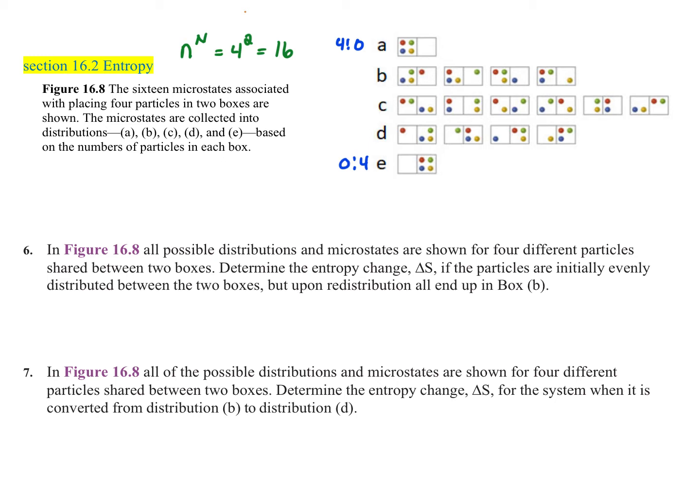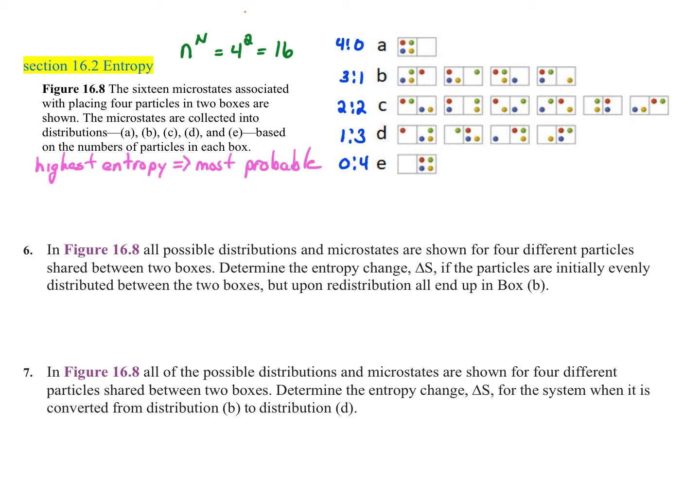In a similar fashion, B and D are equivalent, as this is 3, 1, and D is 1, 3, i.e. we have 3 particles in one box and just 1 in the second box. And C is a 2, 2 distribution, 2 particles in each box.